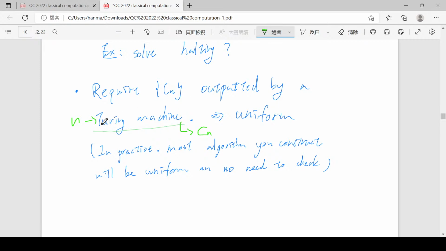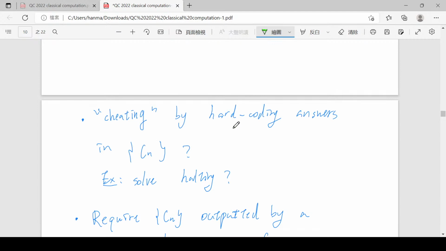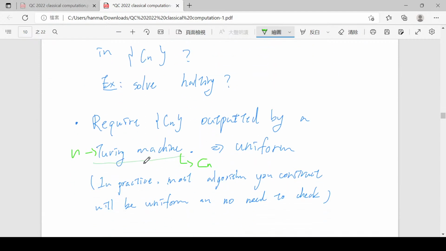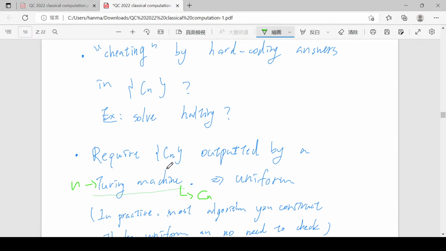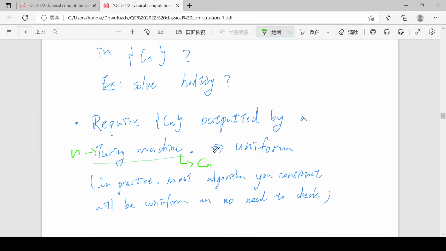So if your circuit family is computable by a Turing machine, then we call it uniform. And then the uniform circuit family cannot really cheat. So for example, because the circuit is computed by a Turing machine, a uniform circuit family cannot solve the halting problem, because no Turing machine can solve the halting problem and give you a truth table of those answers.